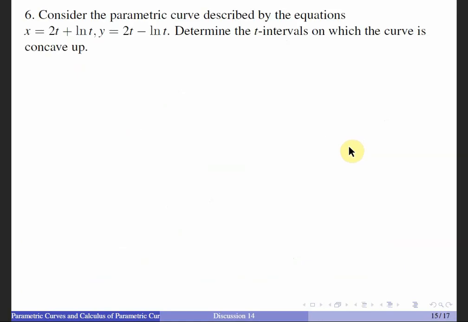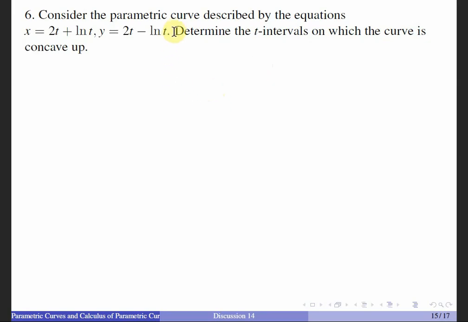Next, number 6. Consider the parametric curve described by the equations x is equal to 2t plus ln t, y is equal to 2t minus ln t. Determine the t intervals on which the curve is concave up. Now we have expressions that involve polynomials and logarithmic functions.